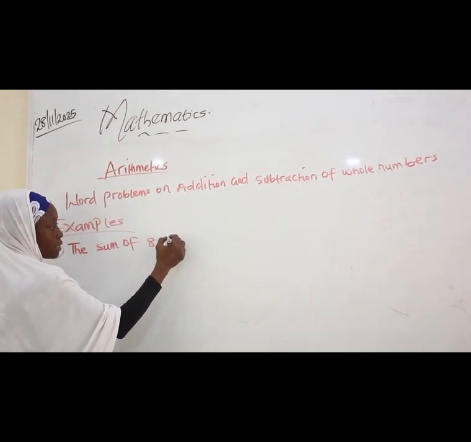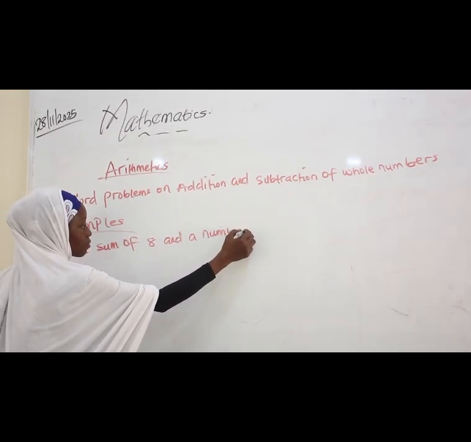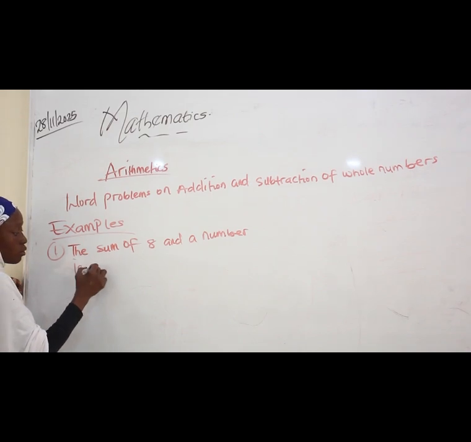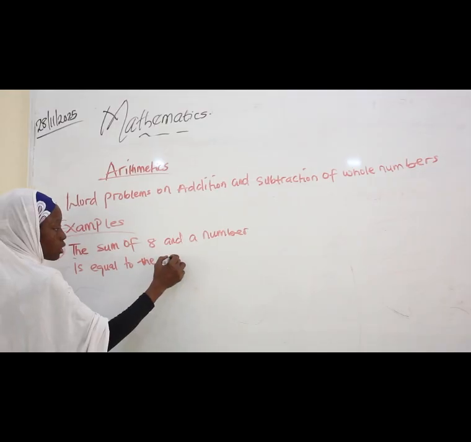The sum of 8 and a number is equal to the product of the number and 9.